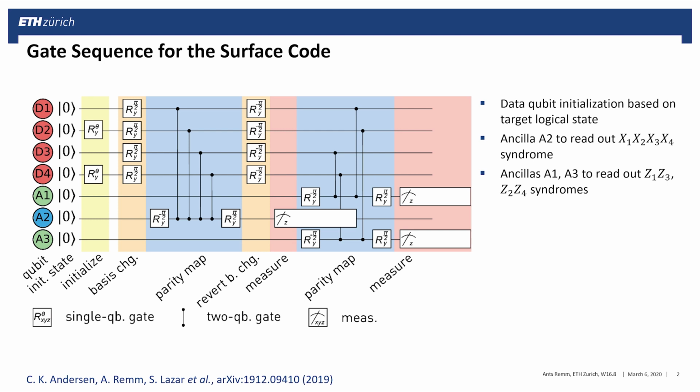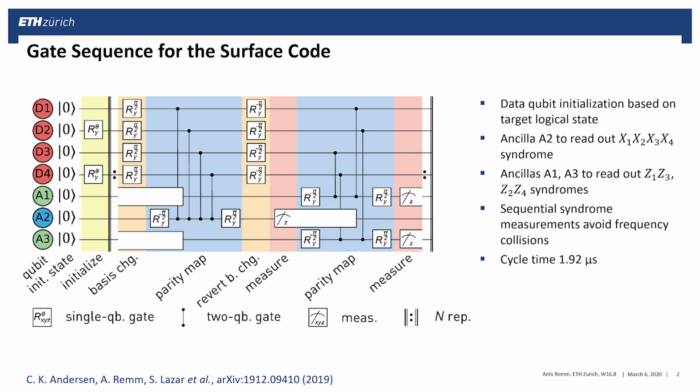As we are reading out the ancilla A2, we map the two ZZ stabilizers to the ancillas A1 and A3. By doing the stabilizer measurement sequentially instead of simultaneously, we avoid frequency collisions during simultaneous 2-qubit gates.